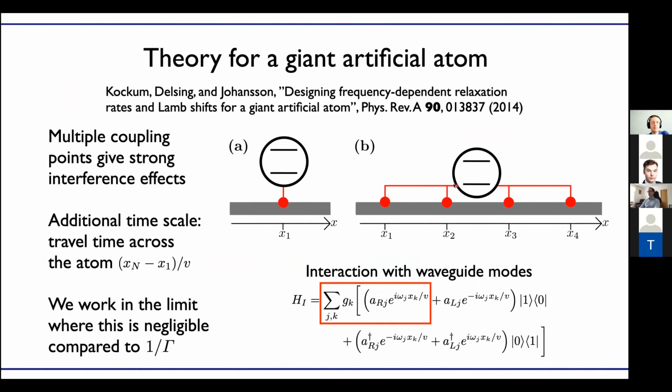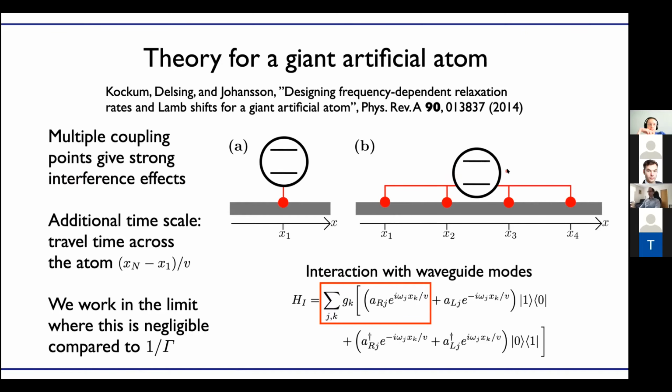Now we're looking at a system where we have an atom and it couples at multiple points, x1, x2, x3, to this one-dimensional transmission line, where you have a continuum of photonic modes or phononic modes, depending on your experiment. And the take-home message here shortly is just having these multiple coupling points means you have interference effects.